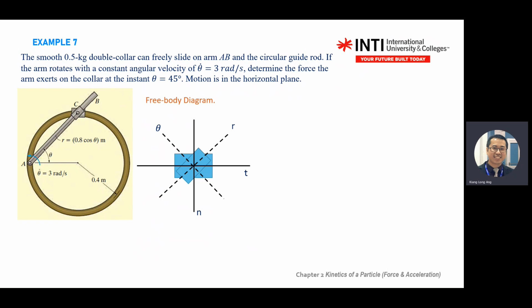Because the blue color arrow here shifts this way, so positive goes this way and not this way. So you are overlapping two axes. One is for the curvilinear motion. One is for the reference axes r and theta.